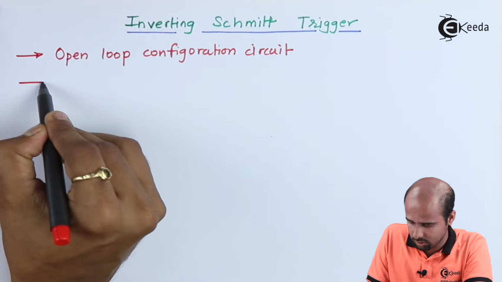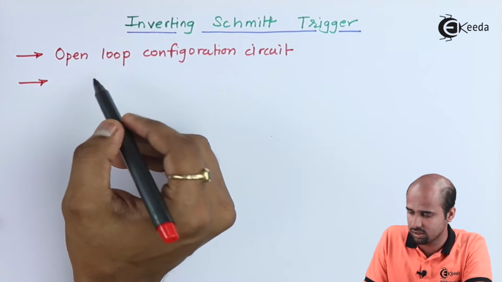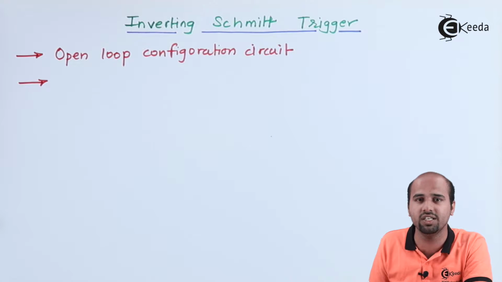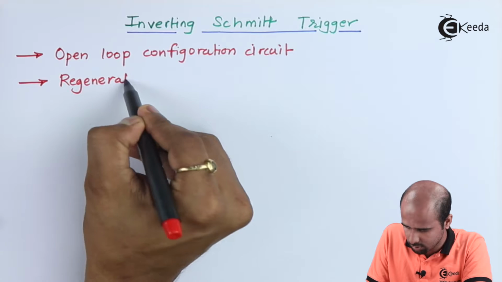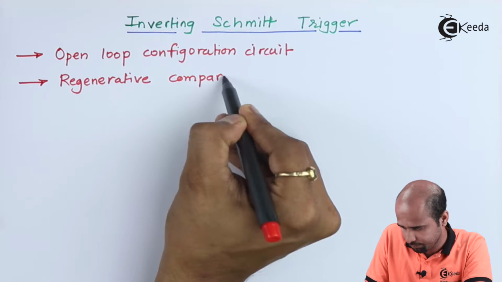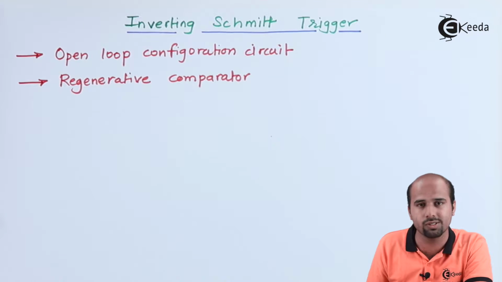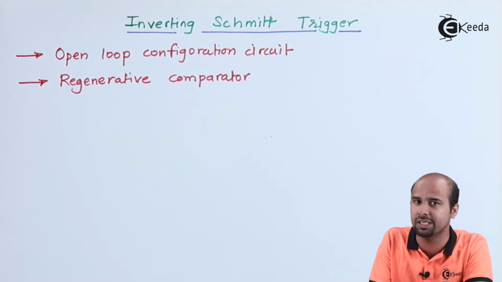Now, second thing is, this is also called as regenerative comparator. This is because this will act as oscillatory signal. But hold on, the Schmitt trigger is not the oscillator circuit.